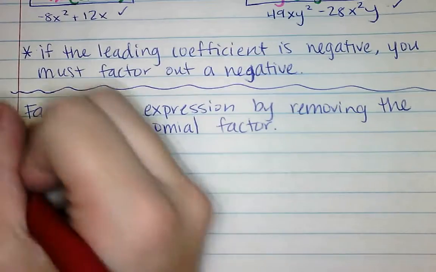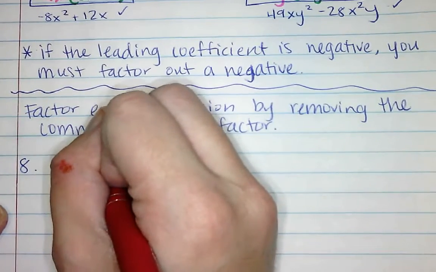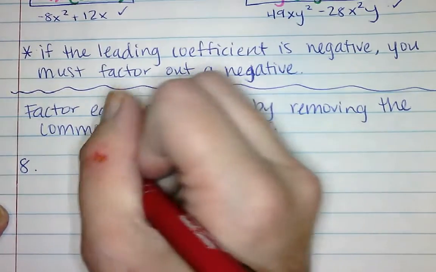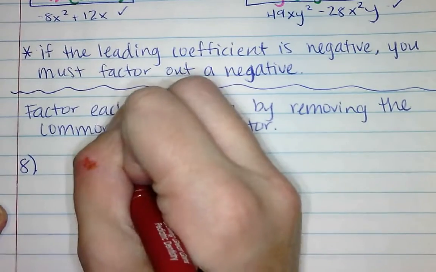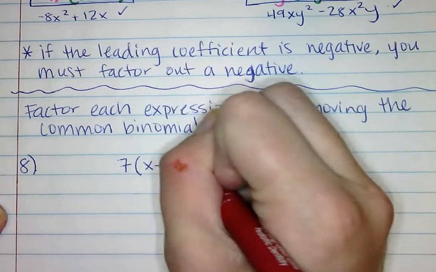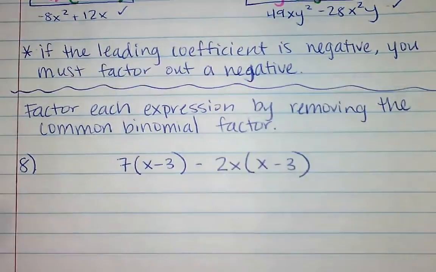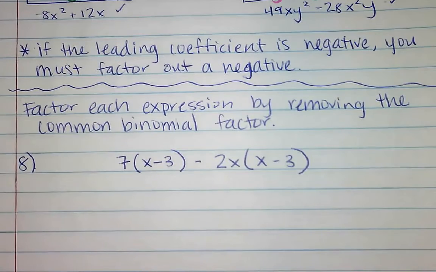Okay? So for number 8 here, I'm going to rewrite this guy. Kind of give yourself a little bit of room on the side. So I'm going to rewrite this as 7 parentheses x minus 3 minus 2x parentheses x minus 3. So I will probably never give you a problem in this way, but it is good to see what we need to remove here. All right?